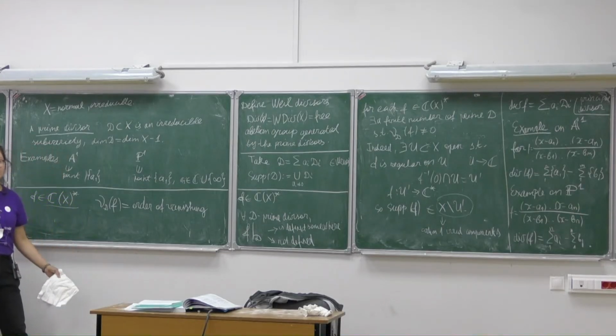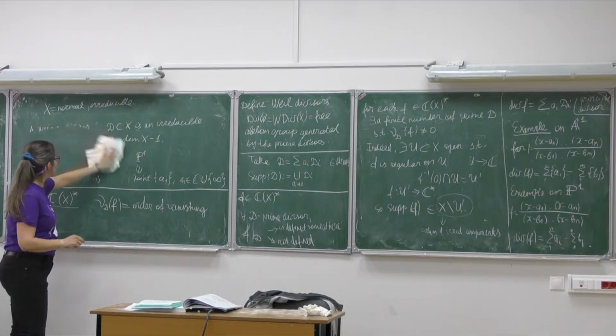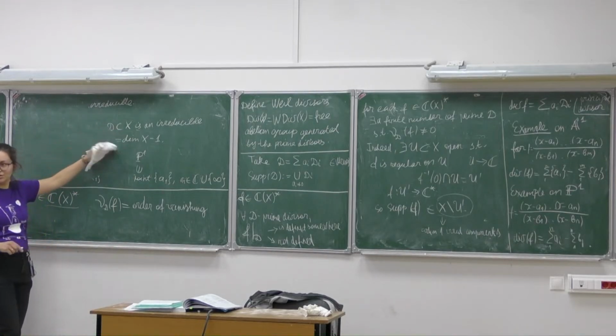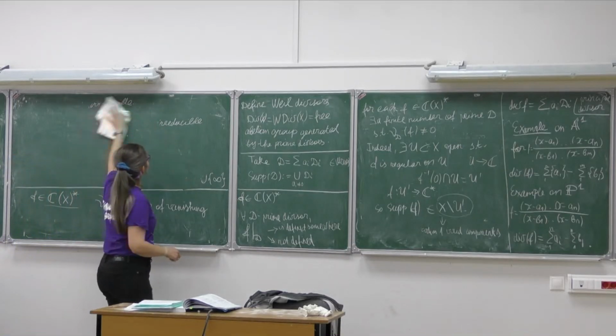And if we have the localization, maybe you are more or less familiar. How do we define the order in this case? Is it better or not? Do you have questions? Okay.